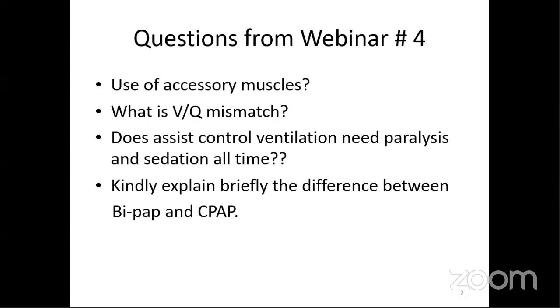However, there are certain areas of the lung, even in the normal state, where the ventilation and perfusion are not equal. For example, ventilation is highest in the upper part of the lung, and perfusion is highest in the lower part of the lung. So there's a certain amount of normal VQ mismatch. V stands for ventilation, Q stands for perfusion.